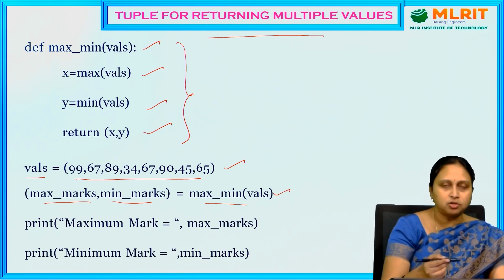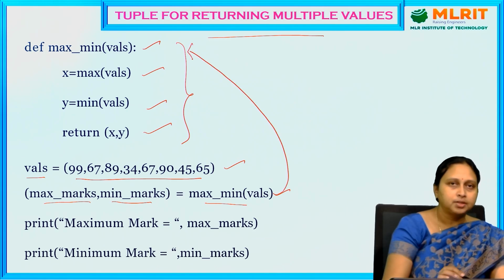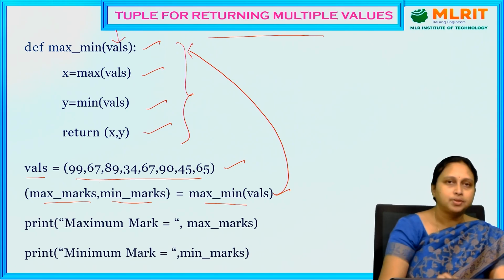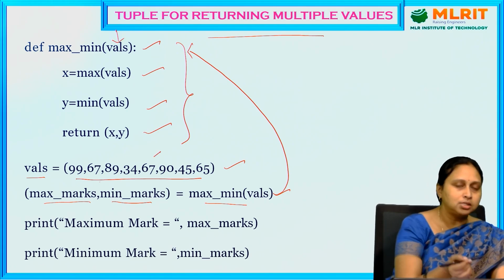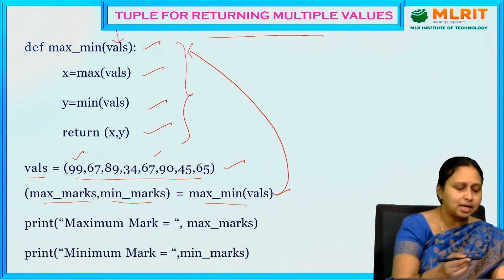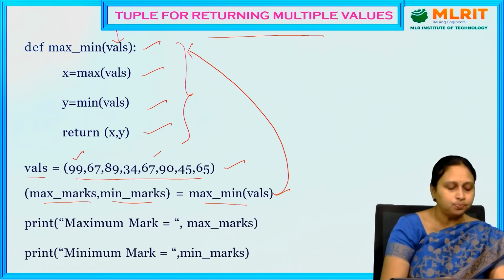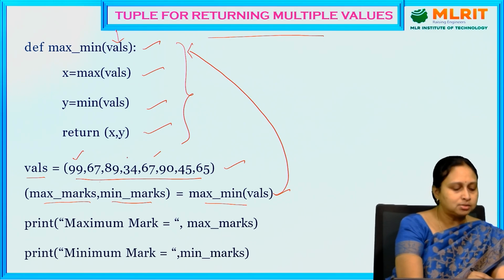When you call this function, the list will be passed to vals. From that, it will take the minimum value and the maximum value. Among these, the maximum value is 99 and the minimum value is 34.